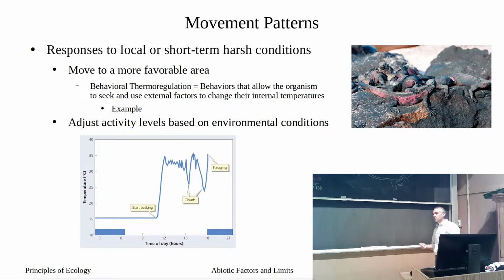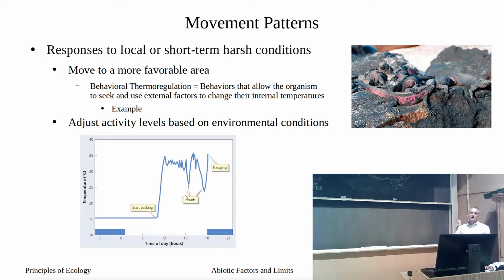Another way in which organisms can adjust to our environment is just to change activity levels. That's what this graph is showing you. This is also lizards, believe it or not. Lizards go out there, they start warming up, and they're basically active, out moving around. But as soon as the clouds come in, the activity of these lizards starts to slow down.